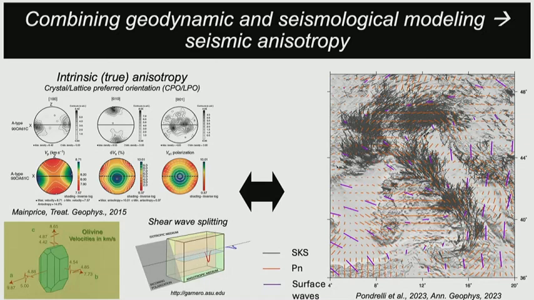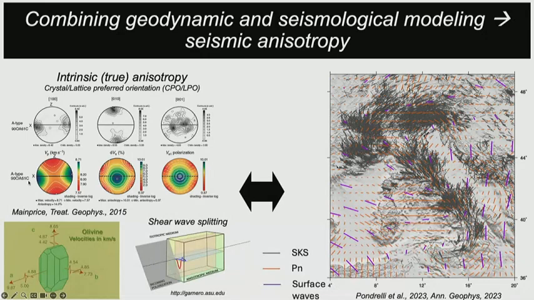So we know that when deformation, for example in the mantle, is accommodated by dislocation creep, fabrics are formed, and specifically crystals like olivine tend to orient preferentially. This is an example from a real mantle sample. You can see that the crystallographic axes of olivine orient in some preferential directions.